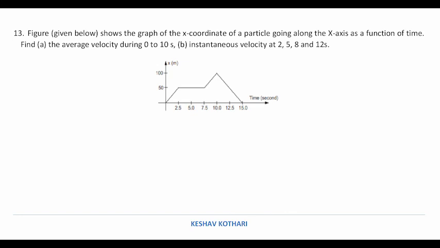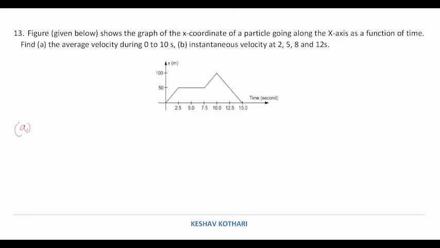The figure given below shows the graph of the x coordinate of a particle going along the x-axis as a function of time. Find the average velocity during t equals 0 to t equals 10 seconds, and the instantaneous velocity at 2, 5, 8 and 12 seconds. We will deal with this question one by one.